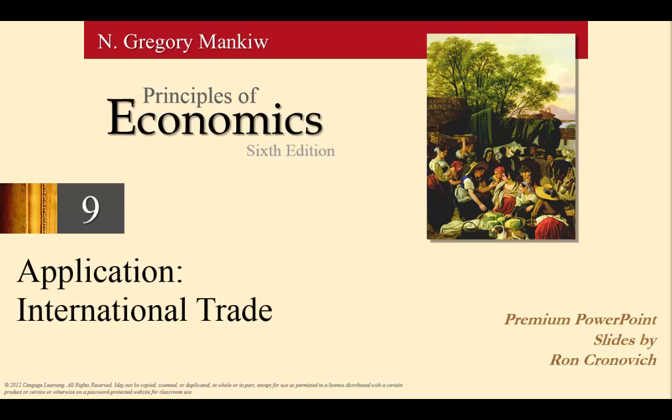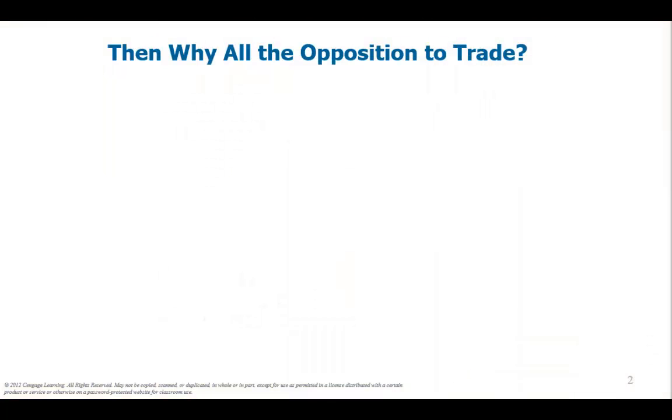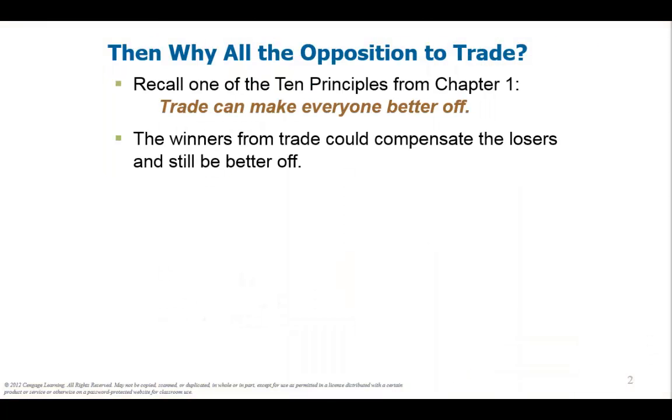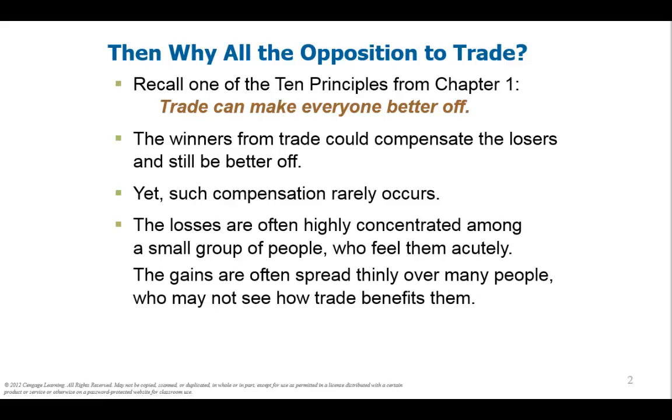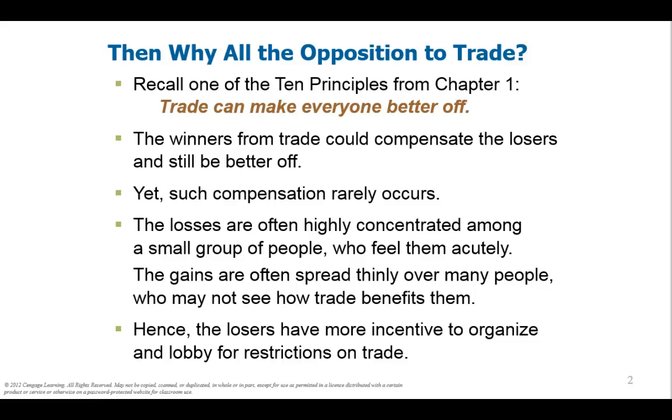We are in Chapter 9, the application of international trade. In the previous lecture, we discussed the benefits. Now let's look at the cost of international trade and how to offset the potential for individual loss.